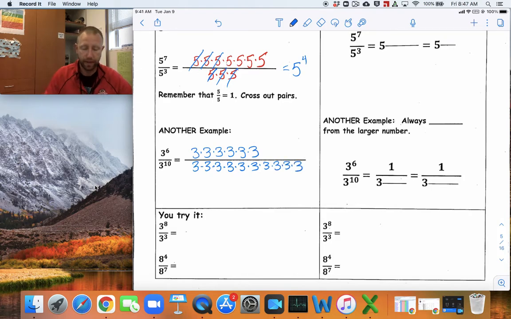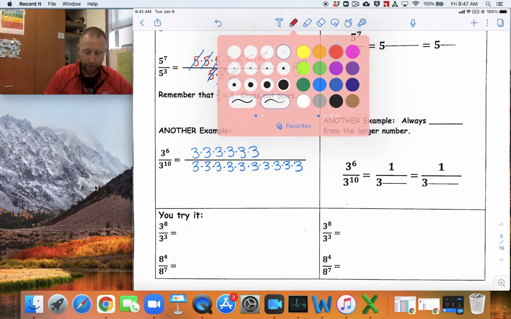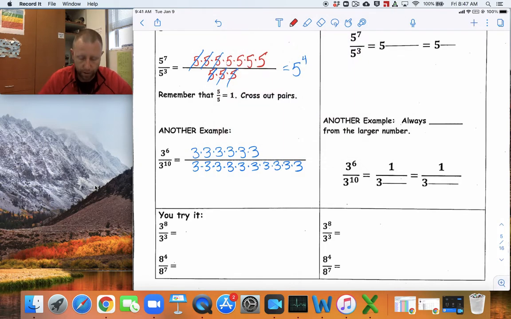A lot of 3s. And then the pairs cancel each other out. I mean, really, they simplify to 1, and you're going to see why that's important here in just a second. So that's gone, that's gone, that's gone, that's gone, that's gone, that's gone. These two, gone. Next one's gone. These two, gone. And I'm left with 3 to the power of 4 on the bottom, but what's on top, right? Well, that's why we said when they cancel out, they don't really cancel out, they just simplify to 1. So really, that's just a 1 on top.